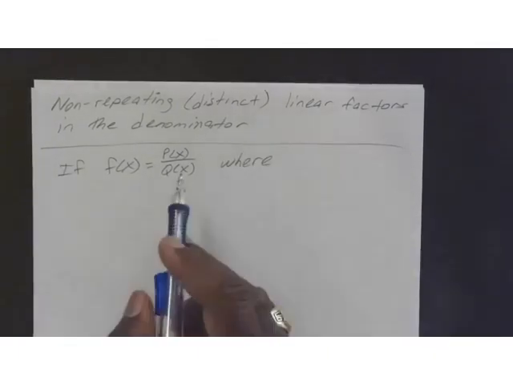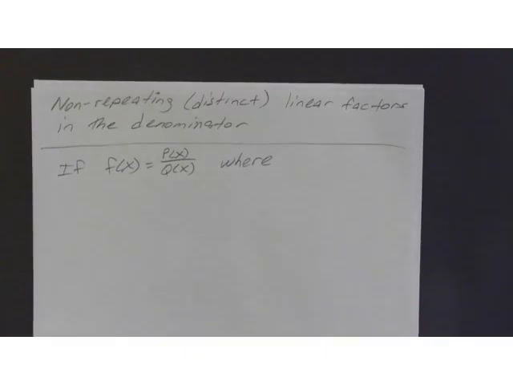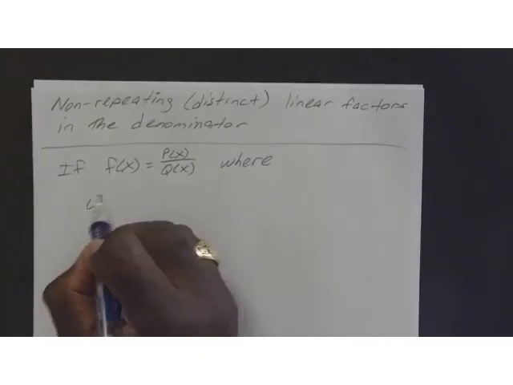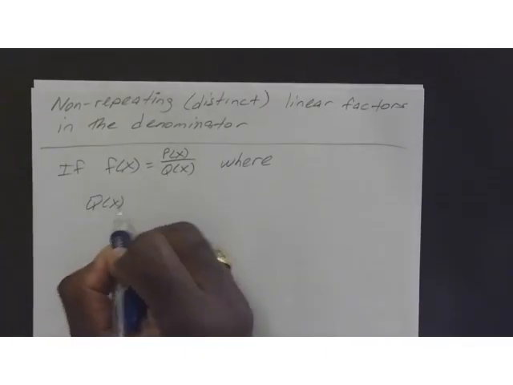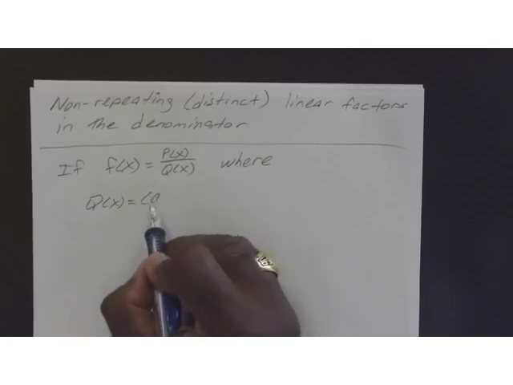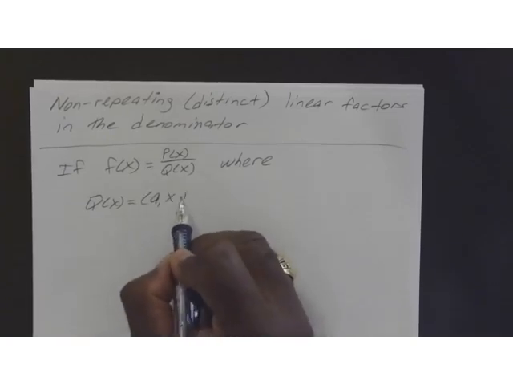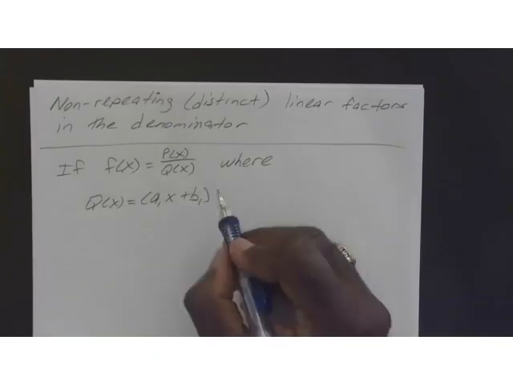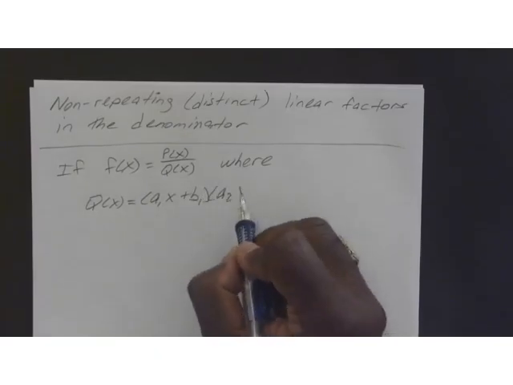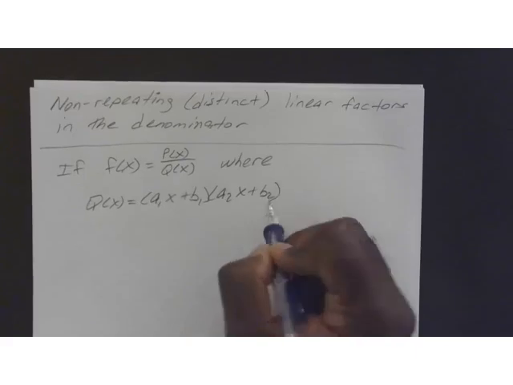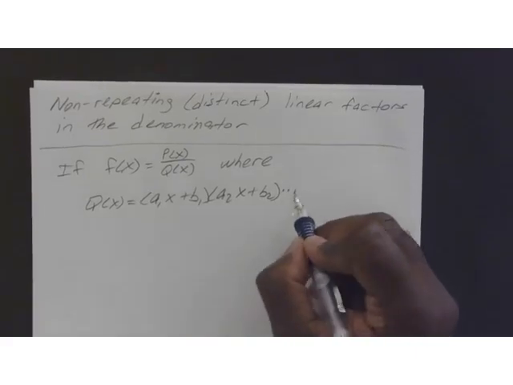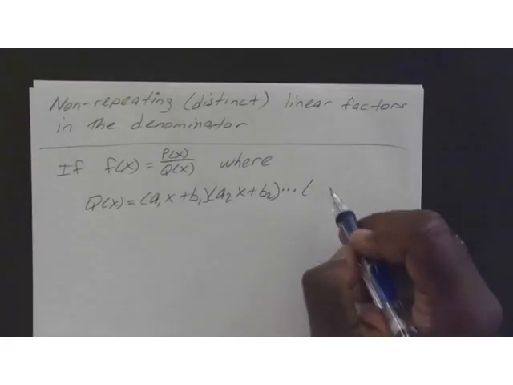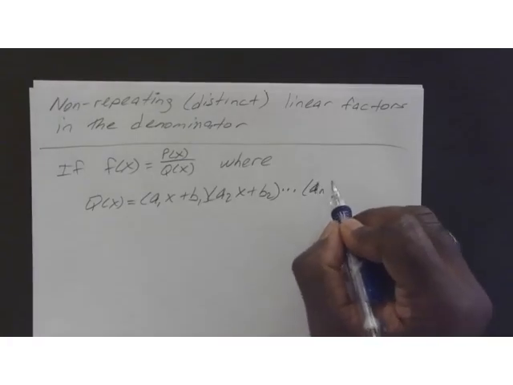Where we know that q of x can be factored. Let's say q of x is equal to a sub 1 times (x plus b sub 1) times a sub 2 times (x plus b sub 2), and it keeps on going until you eventually reach a finite number of factors.